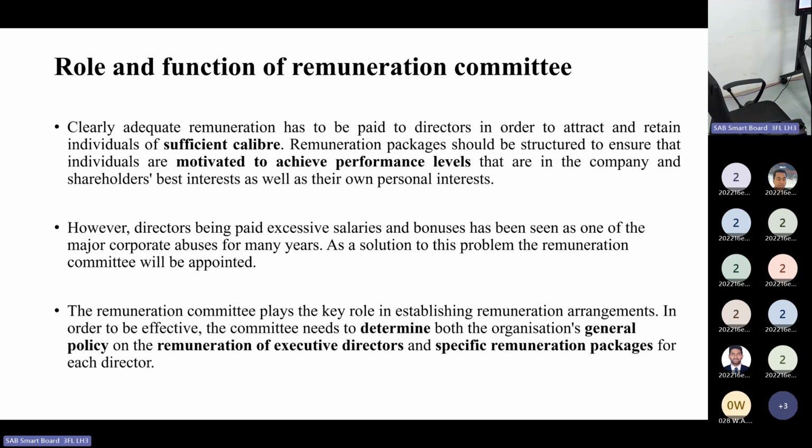The remuneration committee is the committee which decides the remuneration that should be given to the directors and executives. So the package or the salary or other perks that you add to that should be reasonable enough.